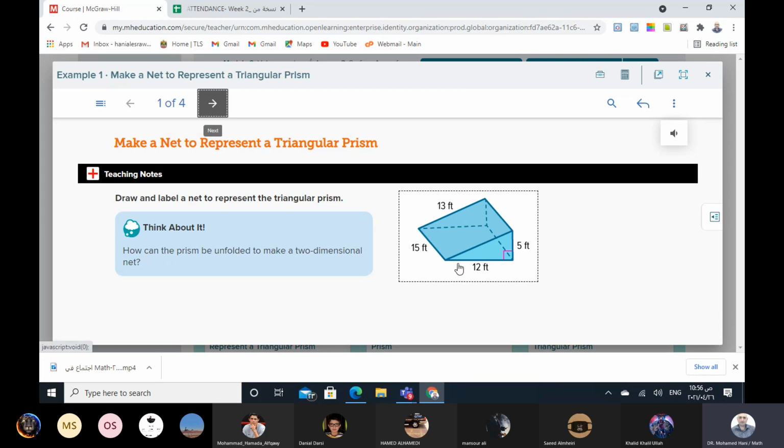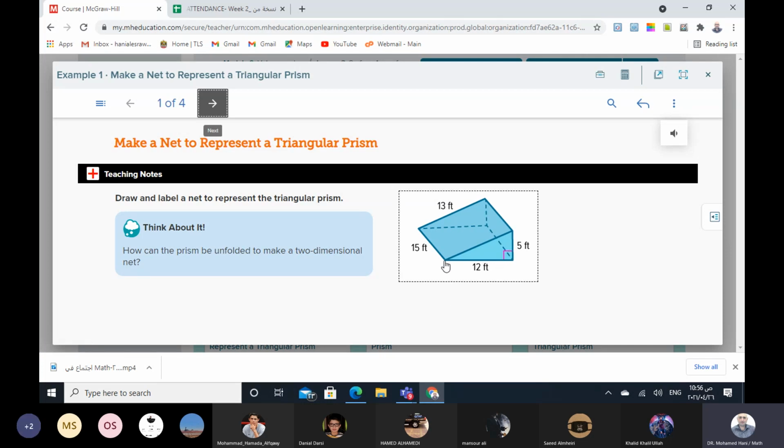So here we have a triangular prism. This is the base, and here the base. Here down we have the bottom, and here up we have the top, and here in the back we have the side.